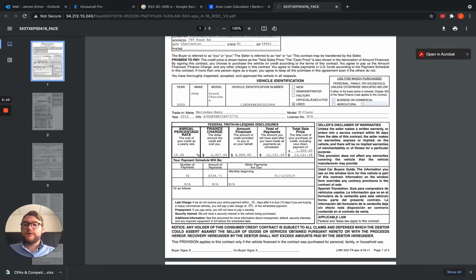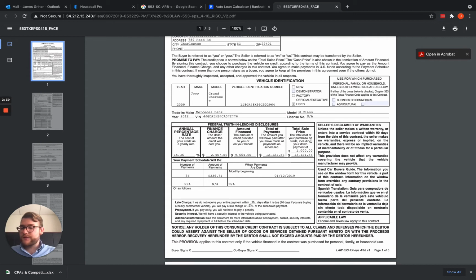Whenever we look at these statements, we're always going to have a few different things. First and foremost, we're going to have our APR, the percentage rate that we're going to pay. The finance charge, how much you're going to pay in financing fees. The financed amount, so how much you're financing. The total amount you're going to pay, and then the total sales price of everything.